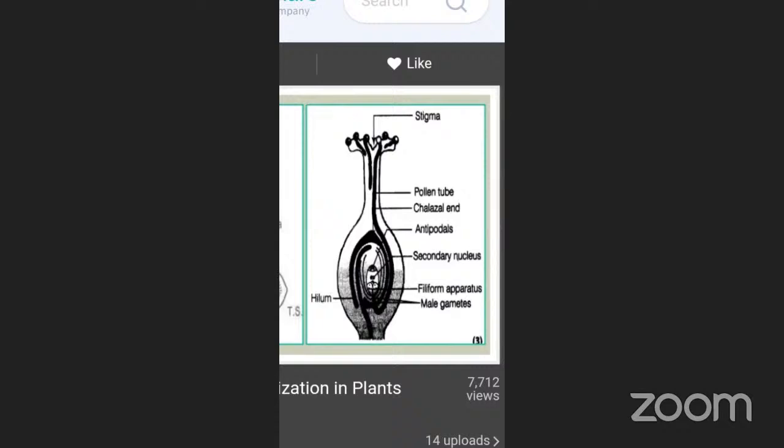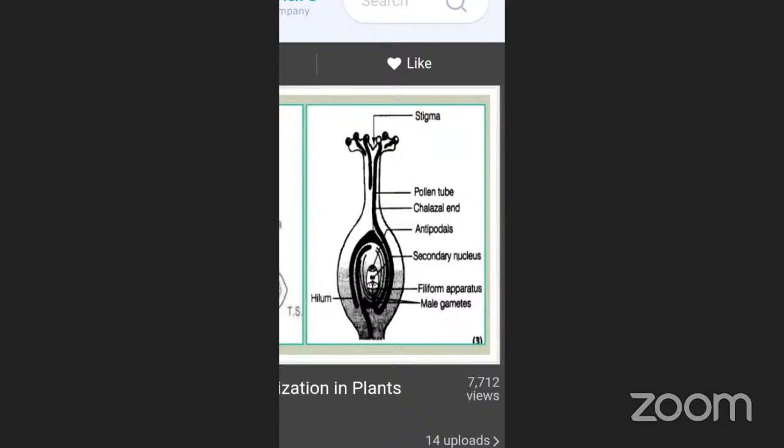As a rule, the pollen tube enters the ovule through the micropyle, and it is called porogamy.